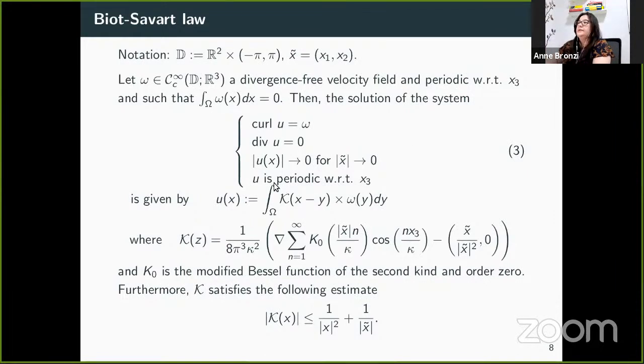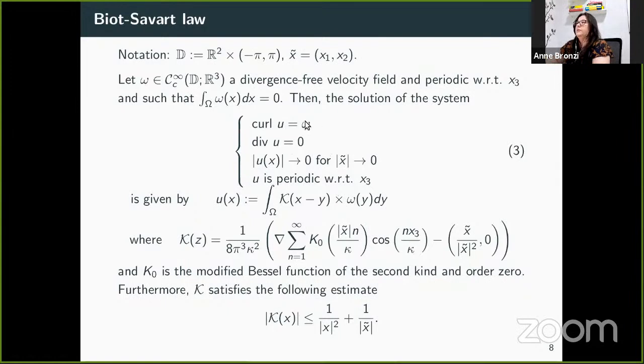We have this representation when we impose periodicity with respect to the third component, because when the velocity field is helical, in particular, it is also periodic in the third component.